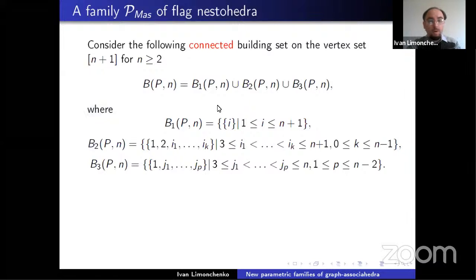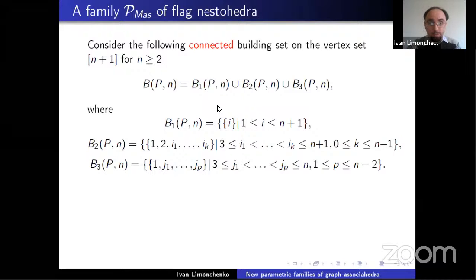Now, this is a family of flag nestohedra that we introduced with Victor. Suppose you have the following connected building set on n+1 vertices. It's a union of the following subsets. All singletons should be members of the building set by definition. Then {1,2} and other subsets on bigger vertices, and {1} and subsets on bigger vertices starting with 3.